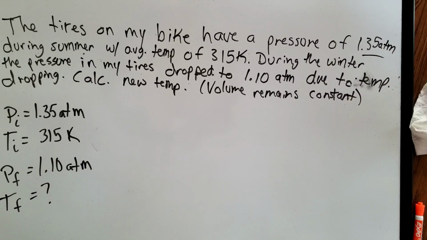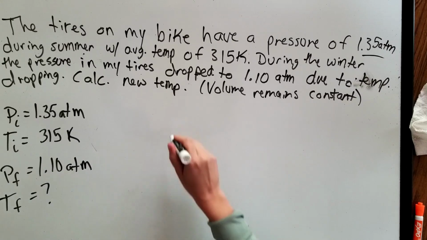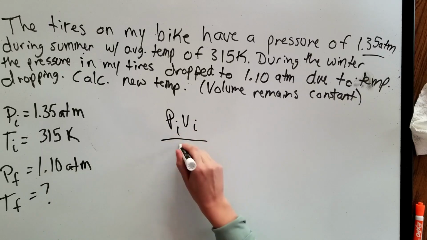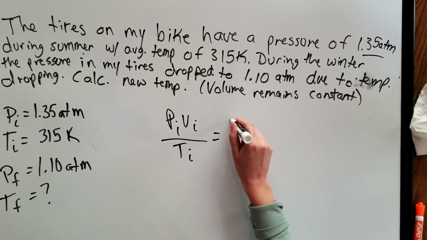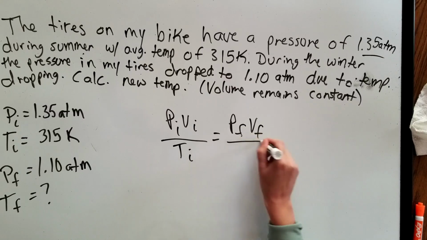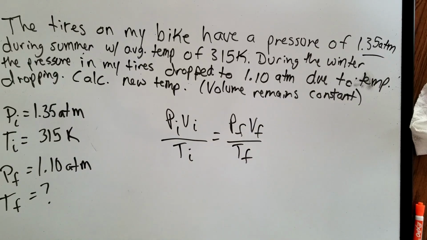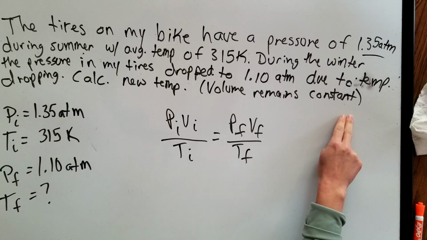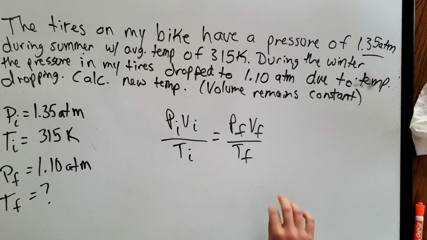Now notice when you look at your equations, we don't have an equation that has just these 4 variables in it. What we do have is this equation, PIVI over TI is equal to PFVF over TF. And we can actually use this equation because notice this last sentence. It says the volume remains constant. And I said whenever a variable remains constant, you can get rid of it.